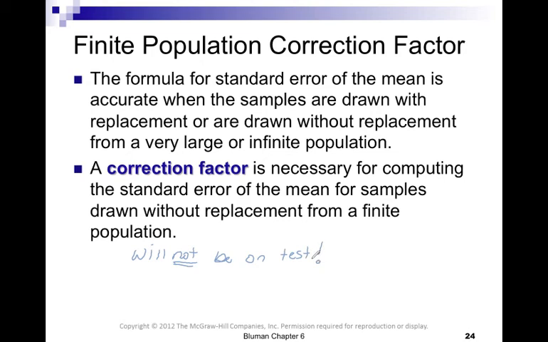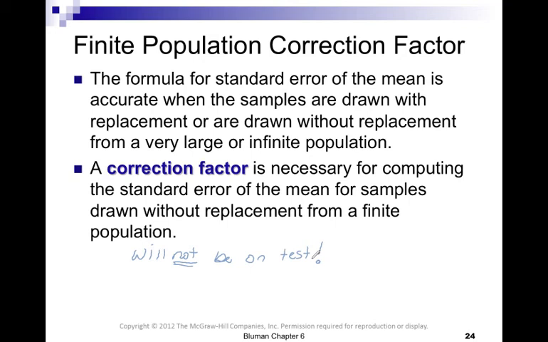When you have the formula for standard error of the mean, it's accurate when the samples are drawn with replacement or are drawn without replacement from a very large population. A correction factor is necessary for computing standard error of the mean for samples drawn without replacement from a finite population, and also if the sample size is large compared to the overall size of the population.